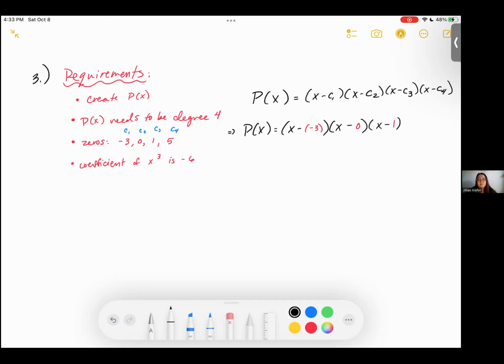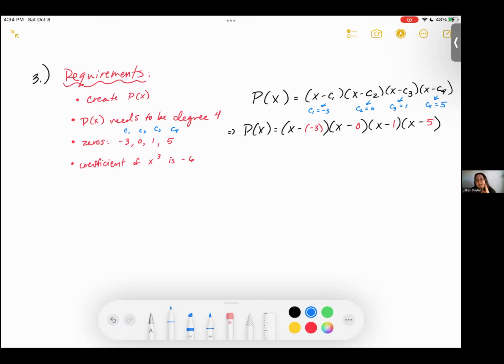And lastly, c sub 4 we said was 5. This would be x minus 5. We got these statements here by saying that c sub 1 was -3, c sub 2 was 0, c sub 3 was 1, and c sub 4 was 5. So that's how we created this new polynomial.